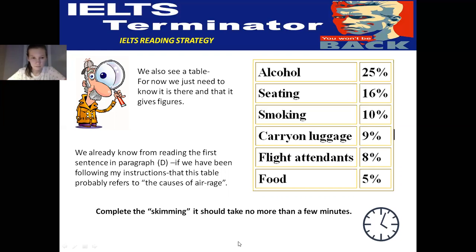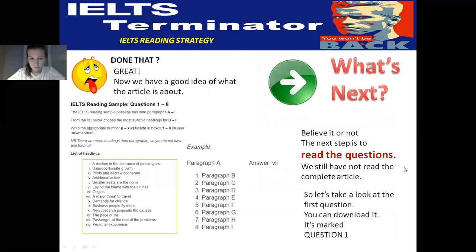So we could assume that this is probably the causes of air rage. Now, at this stage, I would normally say, okay, stop, go over this, do the whole thing. Right. Done that. Okay, great. Now we have a good idea of what the article is about.